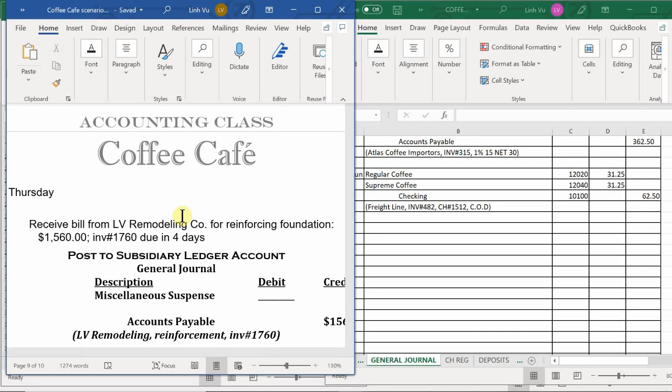So in this case, if this foundation is part of the cost of my coffee grinder, I need to put it in the place where my coffee grinder is. Right now, it's in miscellaneous expense, because this job isn't for the business itself. It's not to make my business any better. It's for the purpose of making my asset ready.